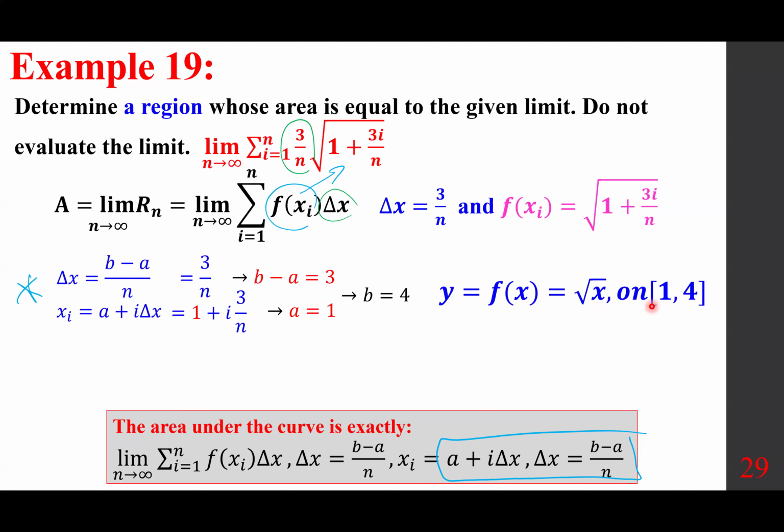And by the way, you can work it out and get to this, just the way we did in the previous example. Imagine this is given. You can easily get to this following this again. So number 18, the function was given, and we wanted to get to this part. Number 19, this is given, and we want to get to the function, and of course, the interval.